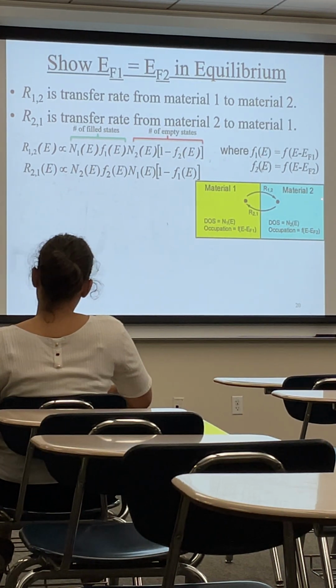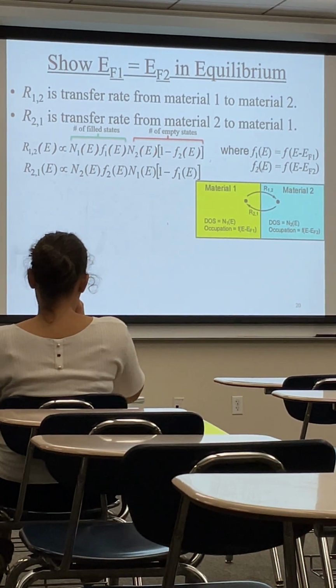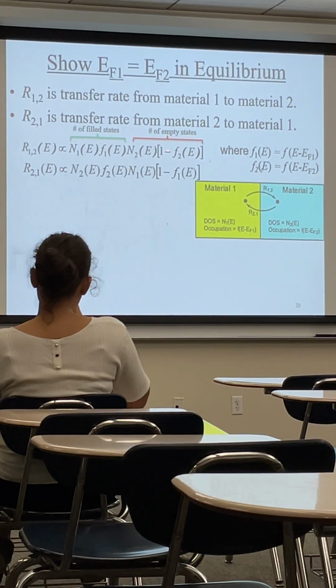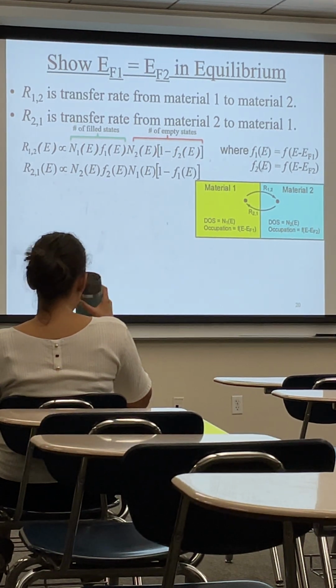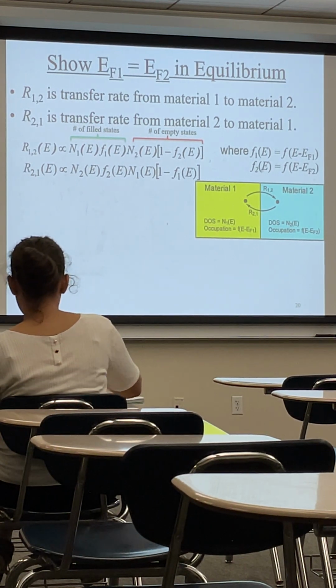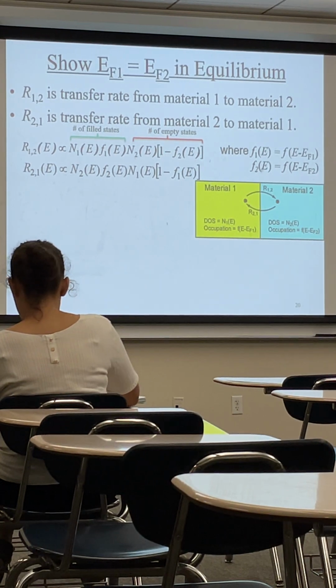In material 2, the number of empty states is still the density of states, but then we need to consider that it's empty, so this would be 1 minus F. So this is basically the number of holes. This electron can move to this hole, and they can find a certain position.